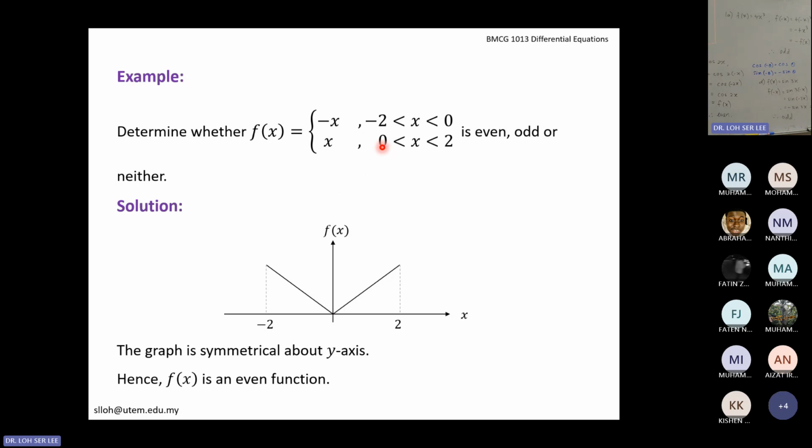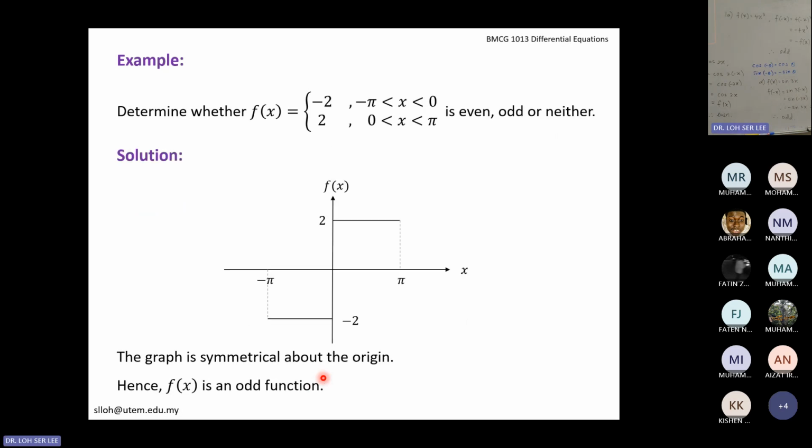And then from 0 up to 2, you have x. So this is obviously symmetrical about the y-axis. That's why the function is an even function.